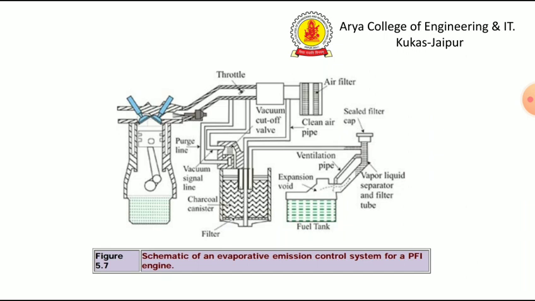The vapor produced in the fuel tank normally collects in the fuel tank itself and is vented to the charcoal canister. When fuel vapor pressure becomes excessive, the fuel vapor from the tank and carburetor leads to and is absorbed into the charcoal. In the PFI engine, only the fuel tank is connected to the canister.